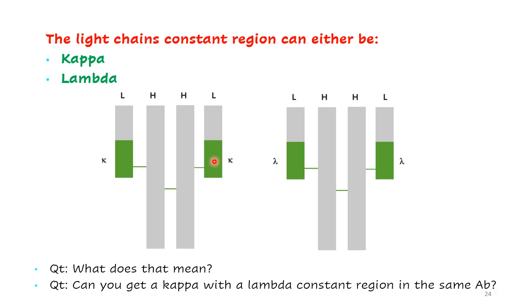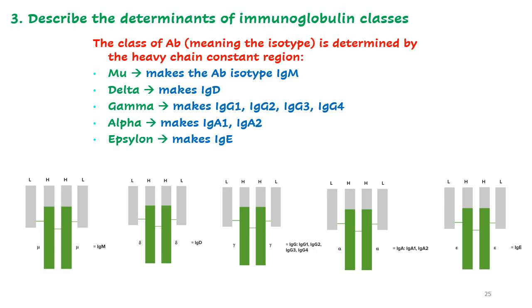So if you have this antibody here, you're going to have either both of them kappa or both of them lambda, but you are not going to have a kappa and a lambda in the same antibody. That's not going to happen. And later we're going to see the mechanism of why that is the case. So I answered that question over there.